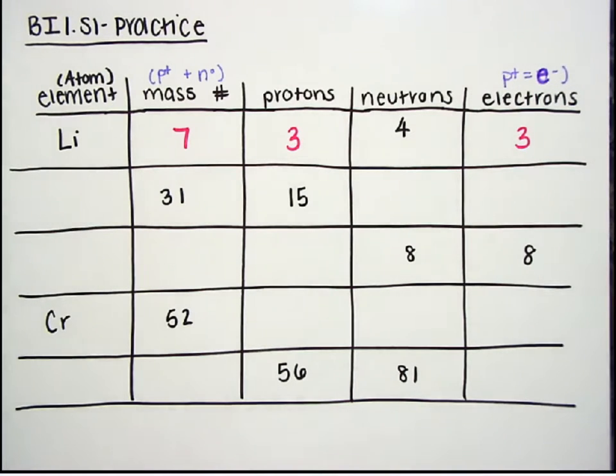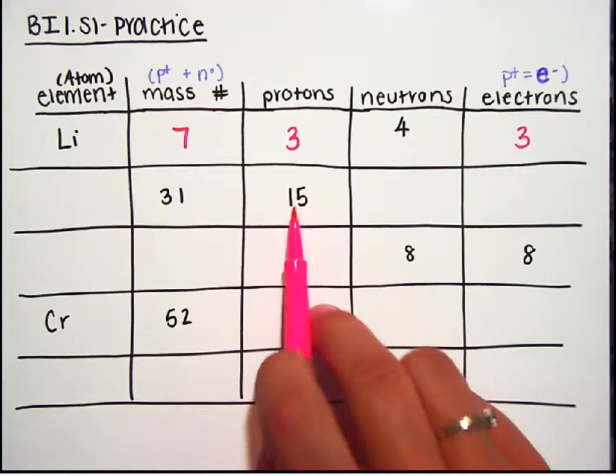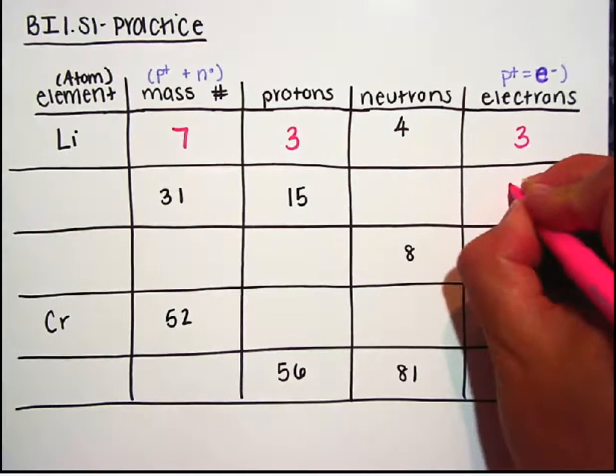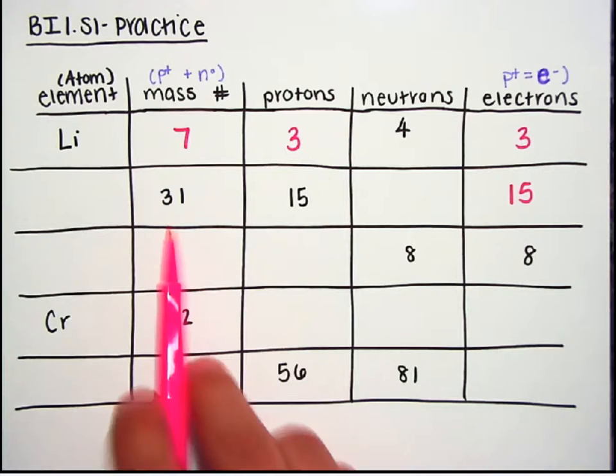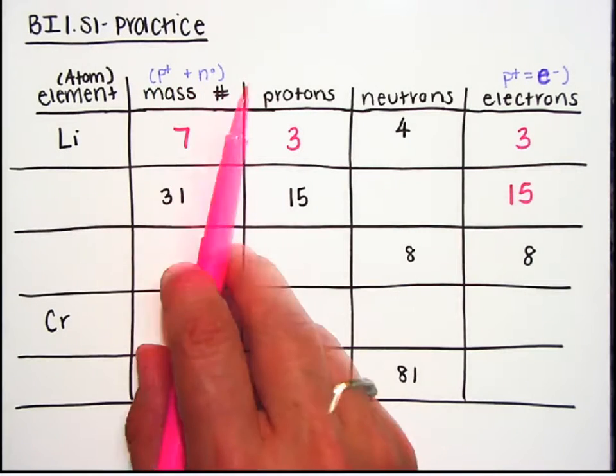Since these are atoms, that means that the number of protons is equal to the number of electrons. If I have 15 protons, I also have 15 electrons. Mass number is protons plus neutrons.